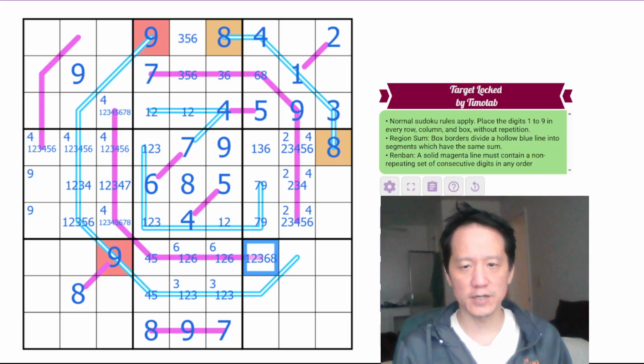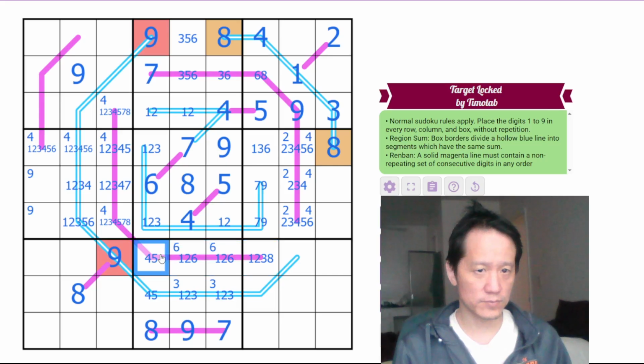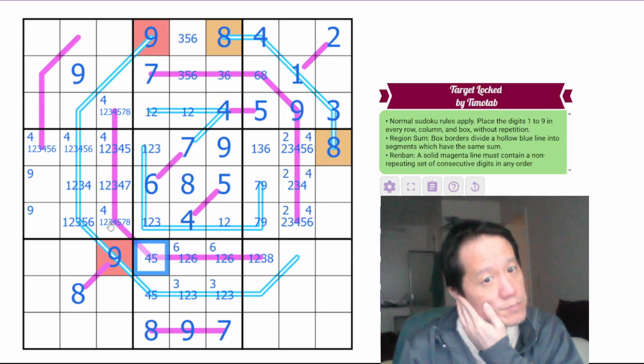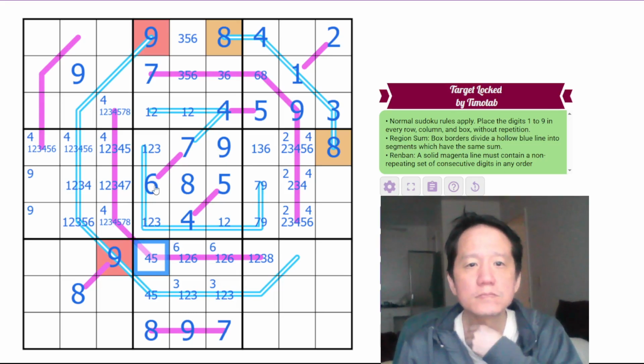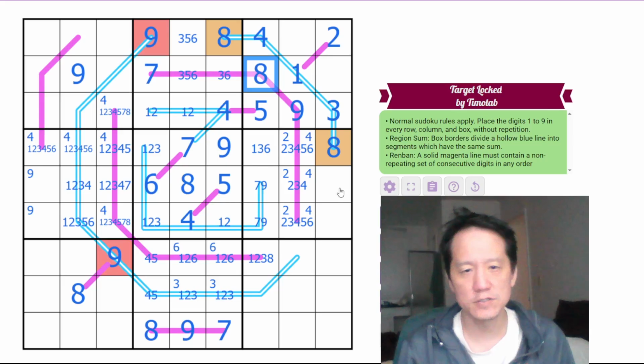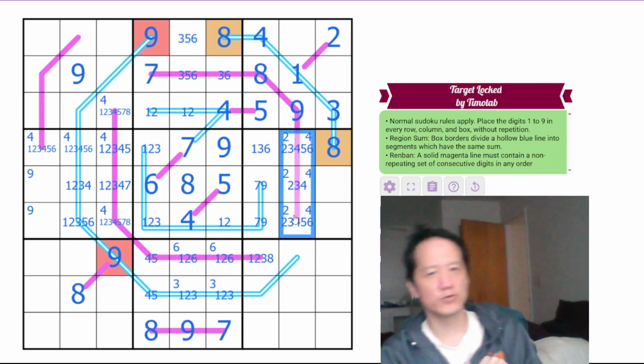So 6 cannot be on the rest of this Renban, so we can remove 6 here. Where is the 8 on this Renban? It can only be here. So this is 8. And this is 3, 5, or 6, but we're not sure which.